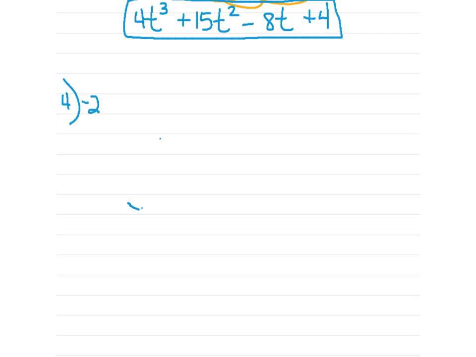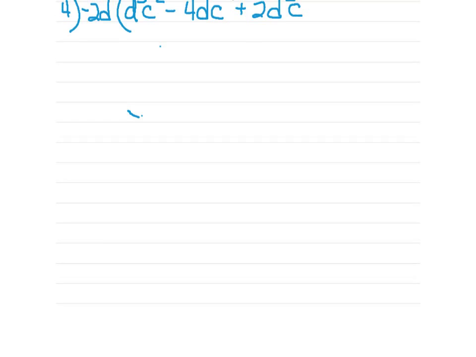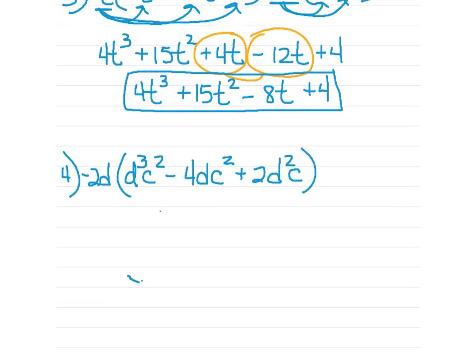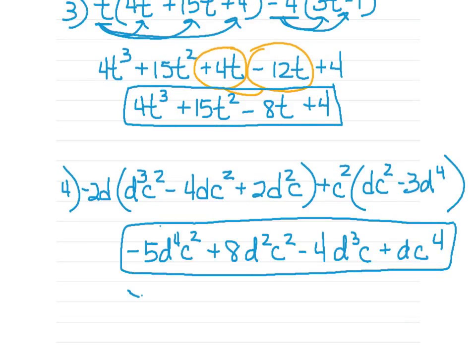Negative 2d times d cubed c squared minus 4d c squared plus 2d squared c plus c squared times d c squared minus 3d to the 4th power. Go ahead and check your answer.